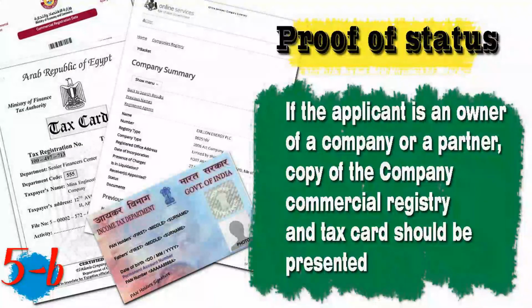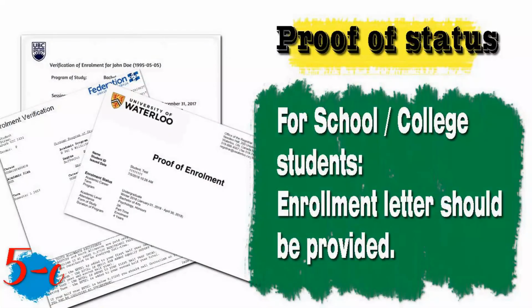But if you are an owner of your own company or a partner in a company, you will need a copy of the company commercial registry, and a tax card should also be presented. And if you are a student in a school or college, an enrollment letter should be provided. Number 6, for foreigners, you will need a legal residence permit.